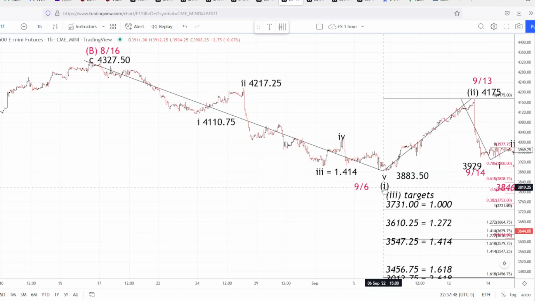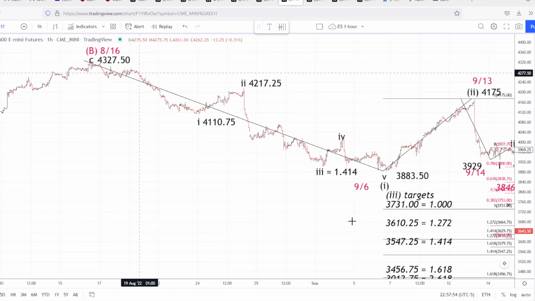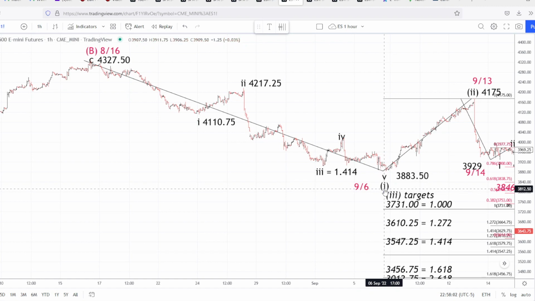So we're looking at waves at 4 different degrees. This first wave is the A down and the B up. The second degree, that was the first degree, the B. The next degree, 1 degree lower of trend, is this 1 in parentheses and 2. Here are the 3 targets here.